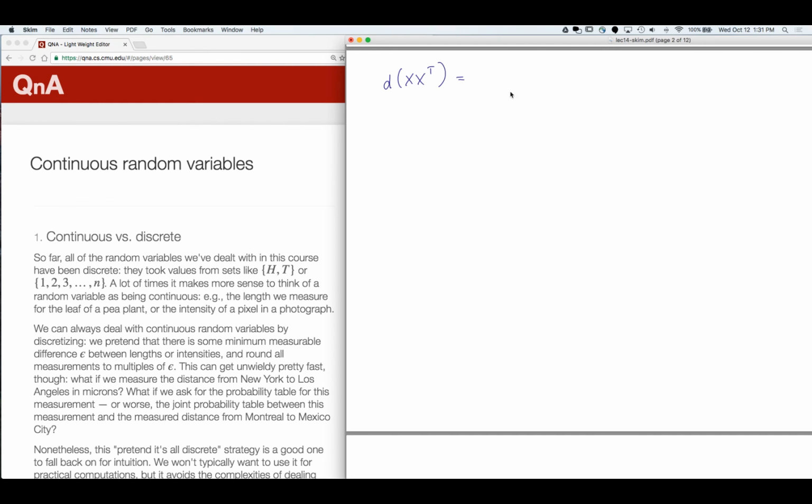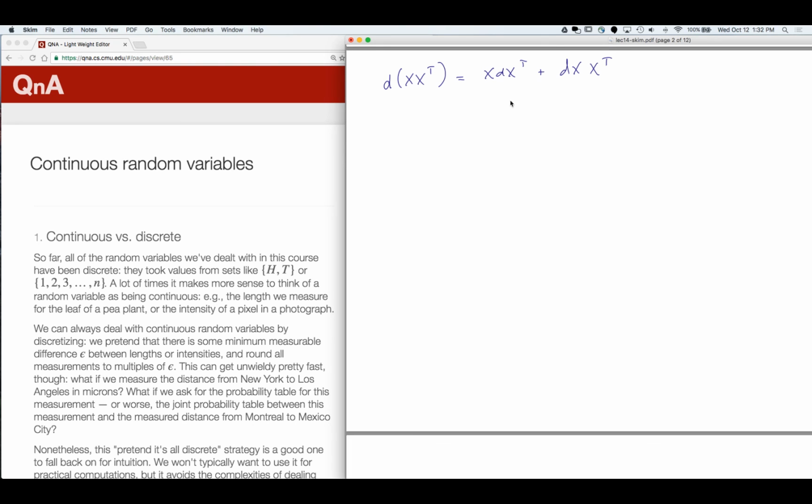This is just the product rule. It's x times dx transpose plus dx times x transpose. And the order here is important, right? Matrix multiplication is not commutative, so you have to keep the terms in their original order.